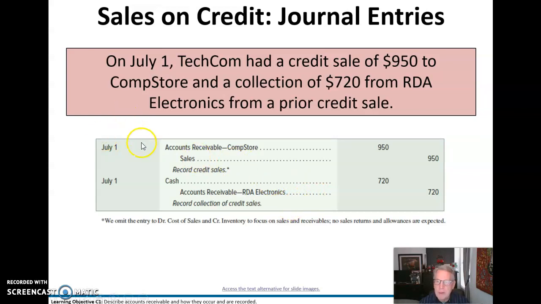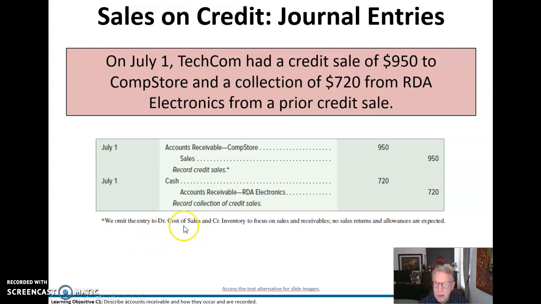Okay, so this is pretty familiar to you, I hope, by now. Here we're going to debit accounts receivable and credit sales for $950. And then when we collect it, we're going to debit cash because we're getting cash from our customer here and reducing that accounts receivable as that customer has now honored us by paying us.